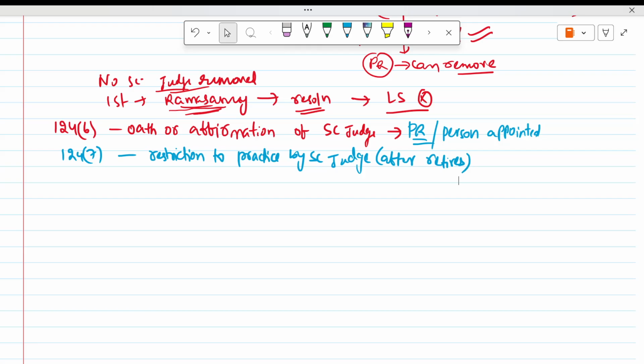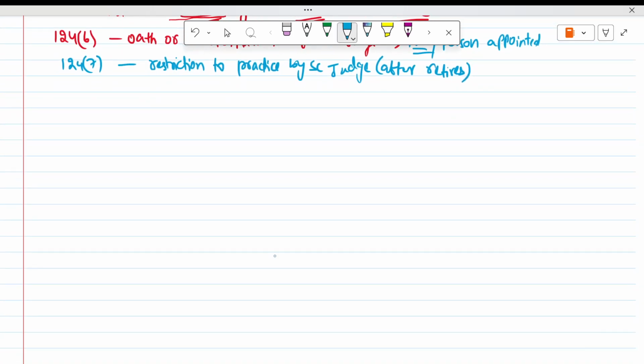This Article 124 is very important, the article with provisions of the Supreme Court. Then 125 is the salaries of the Supreme Court judges.